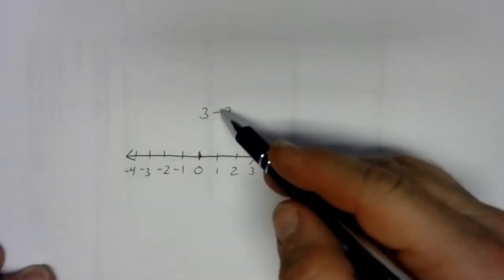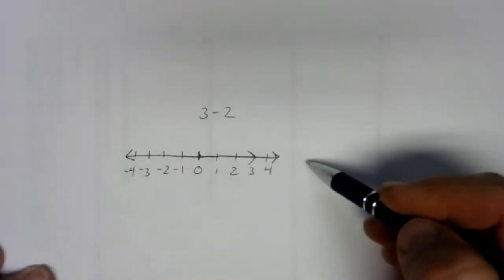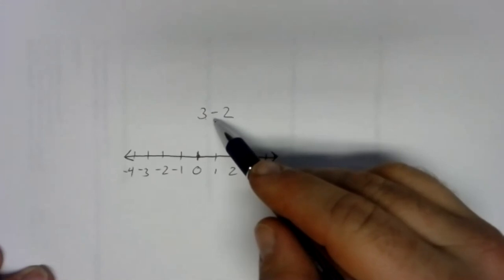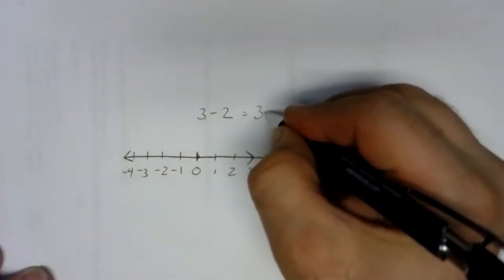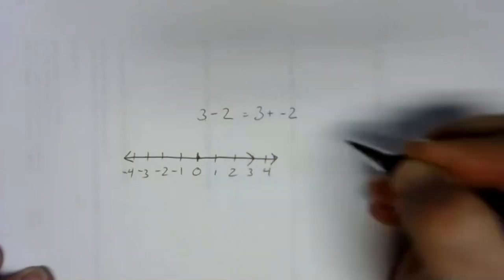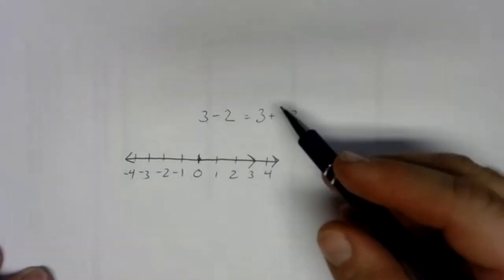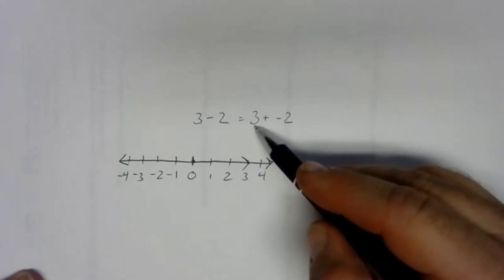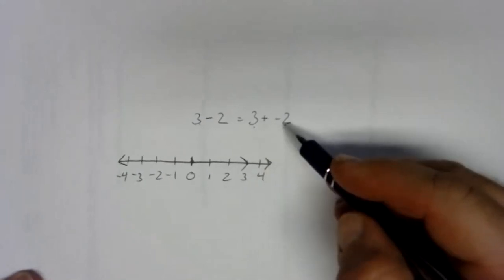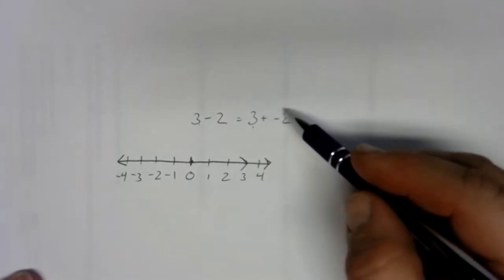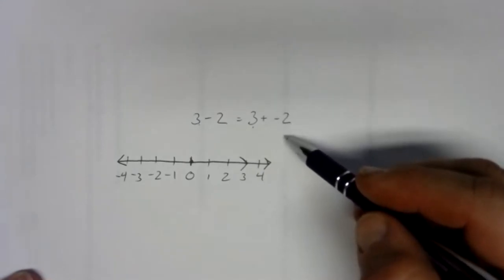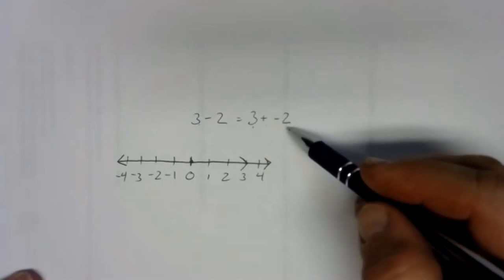But then you wouldn't go another 2 to the right. You'd use the fact that this was subtraction, this negative. What you'd really be doing is saying this is 3 plus a -2. That's what keep change does. It keeps the first, changes the subtraction to addition, then flips the sign on the second number. Knowing what we know about scalars and vectors, that negative just flips the direction.